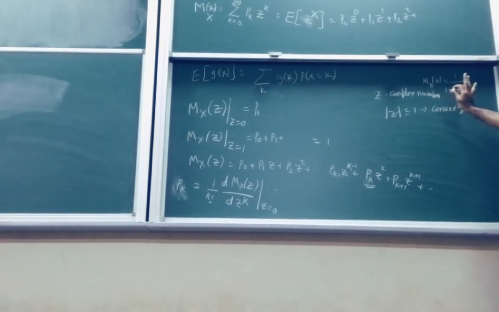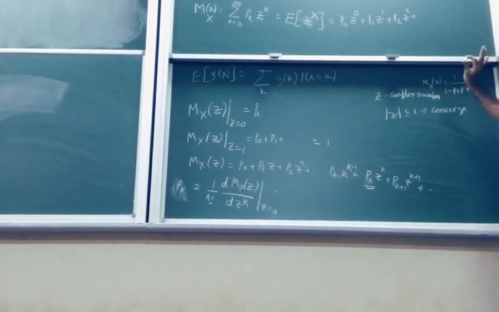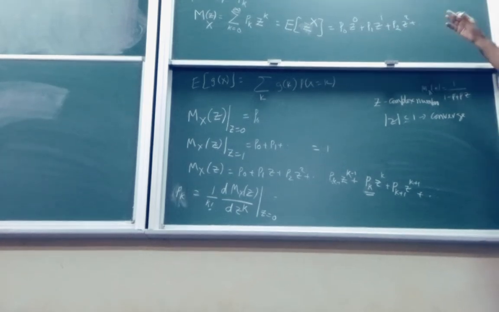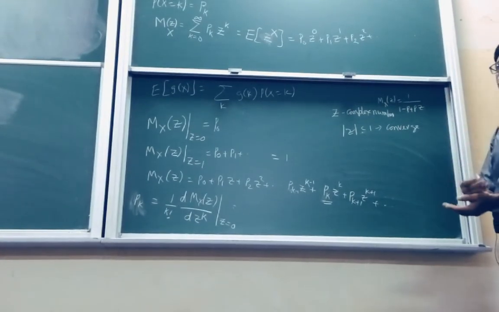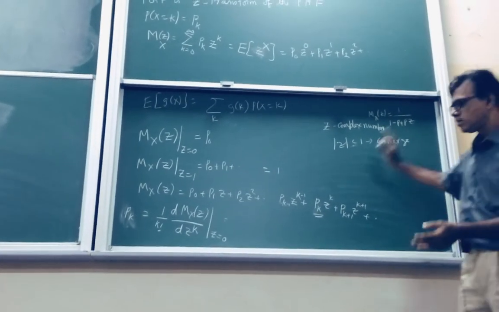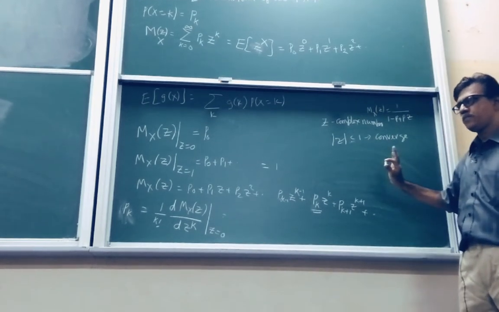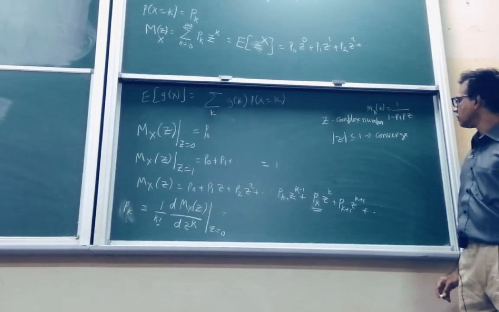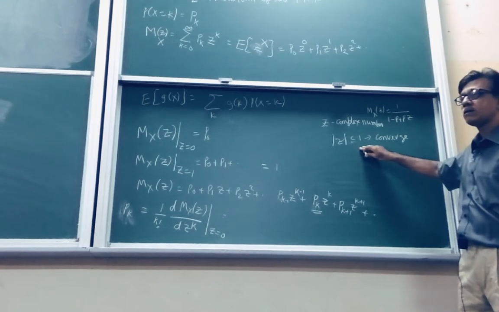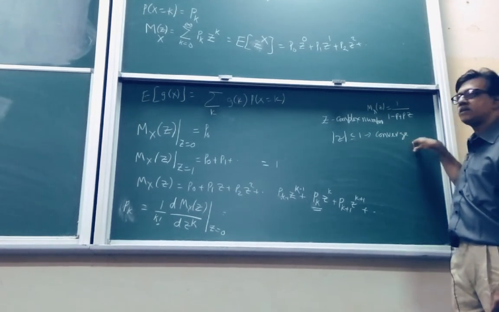But this is the definition of PGF. There may be other ways of defining this one, but this is the definition for PGF. But the convergence happens when mod Z is less than 1.